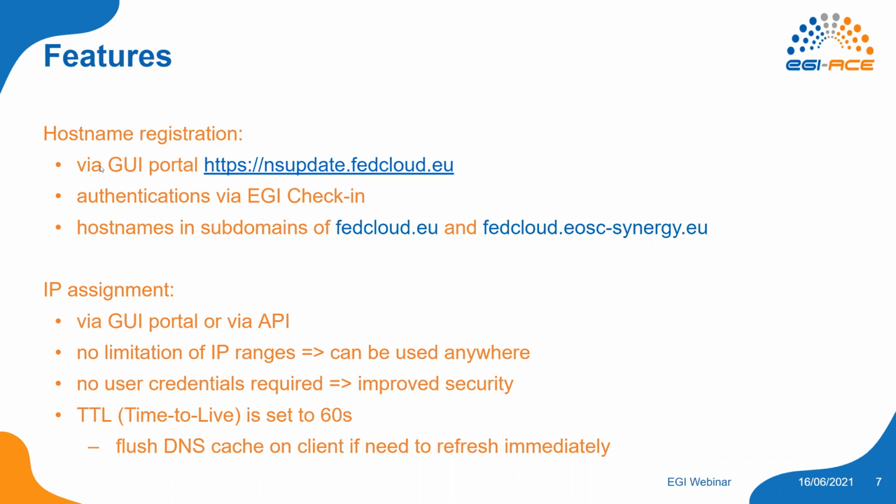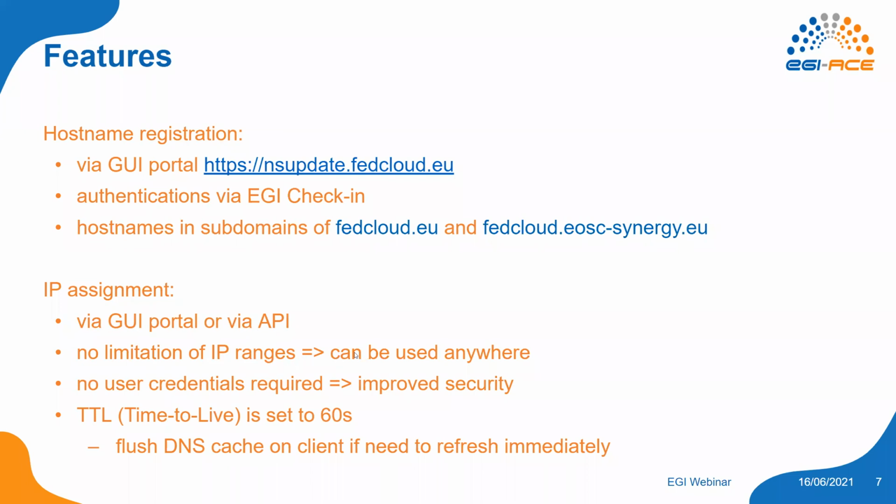After registering the hostname, you can assign an IP address to it. You can use either the web portal or the API provided by the service. At the moment, we do not have any limitation on IP addresses. It means that you can use any IP range from anywhere.